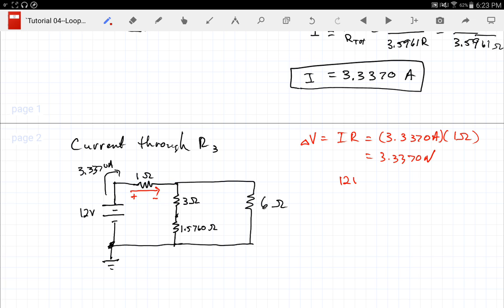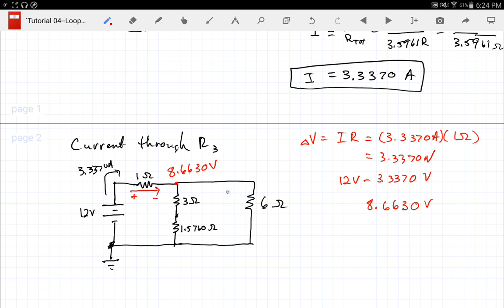Well, 12 volts minus 3.3370 volts is equal to 8.6630 volts. So that means the voltage right here is 8.6630 volts.